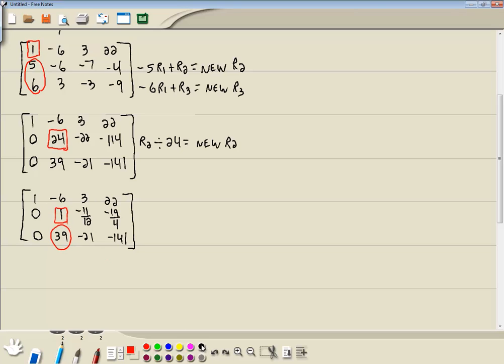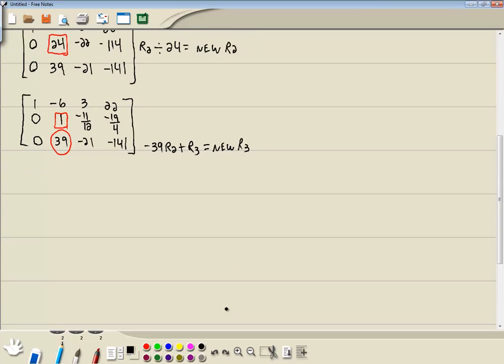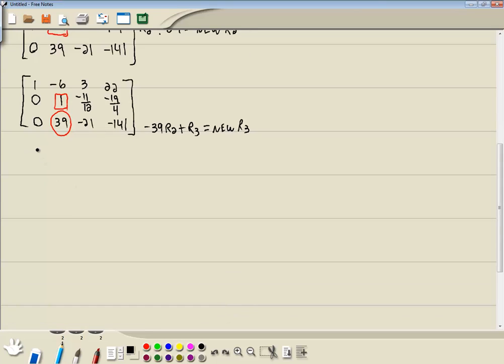So I ask myself, what do I multiply times 1 that can then add to 39 and get a 0? And it's always the opposite number. So we're going to take -39 times row 2, and we'll add that to row 3 to give us our new row 3. And I'm going to stop doing these in my head at this point and start using the calculator almost completely. So 1, -6, 3, 22. 0, 1, -11/12, -19/4.